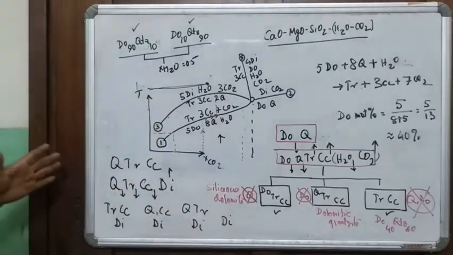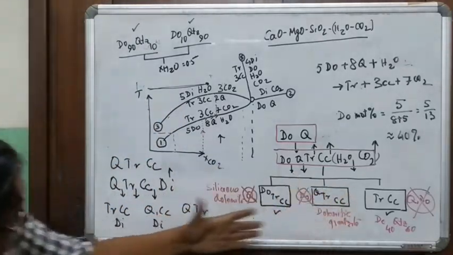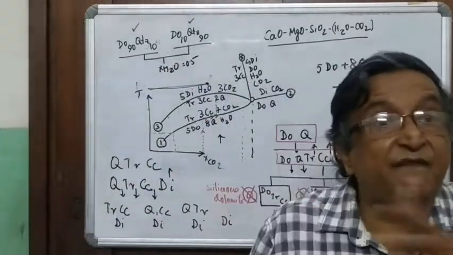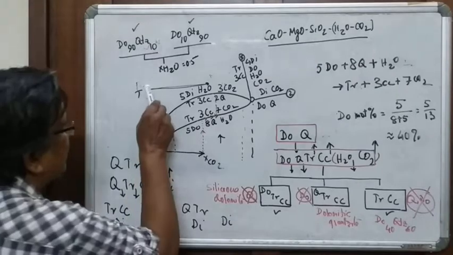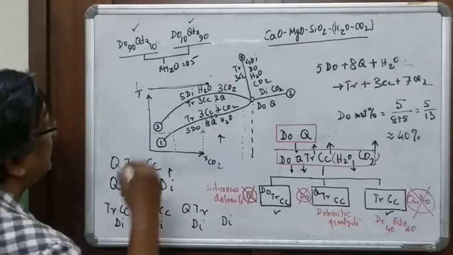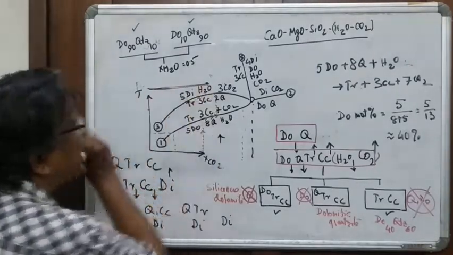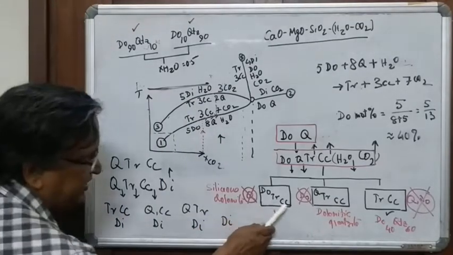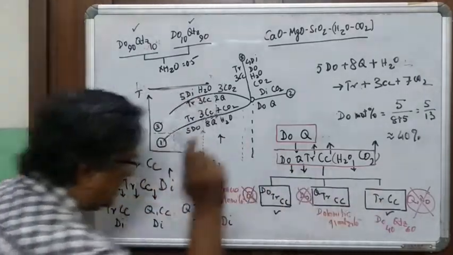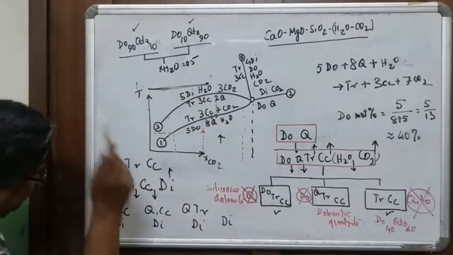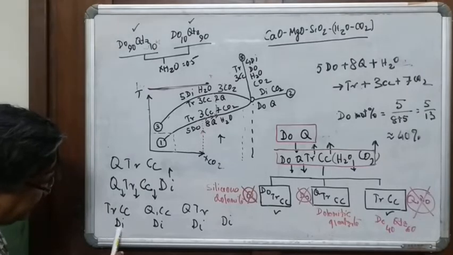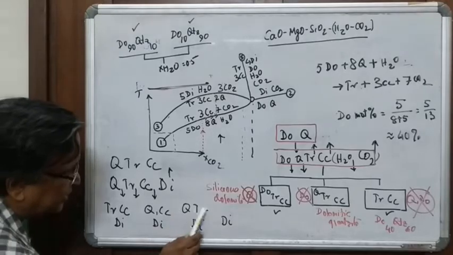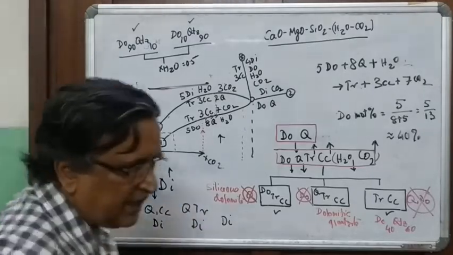So you see the wide variety of assemblages that have come up at this temperature, at a hypothetical temperature. You can have dolomite, tremolite, calcite, you can have tremolite, calcite, you can have tremolite, calcite, diopside, and then you will have quartz, calcite, diopside, you will have quartz, tremolite, diopside, or you might have just diopside.